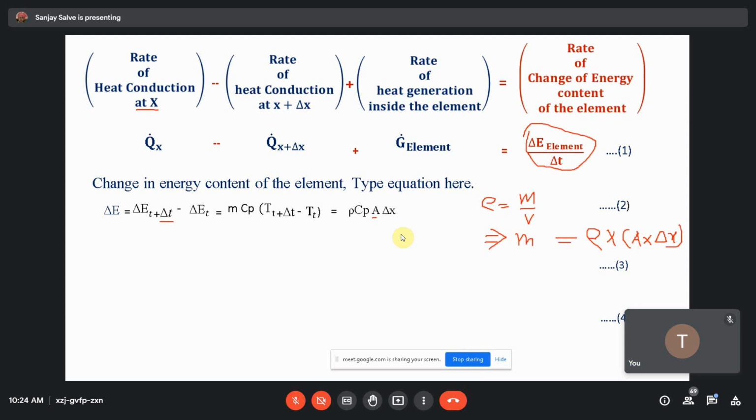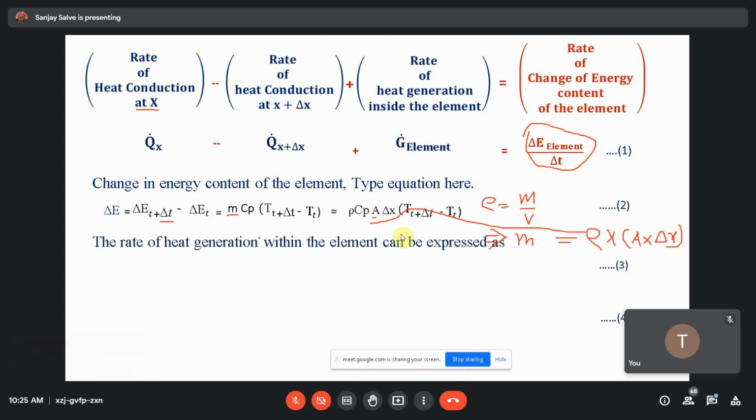So I can put this value here. Instead of m, I can write rho into area into del x. Get it? So the next one is then delta T.